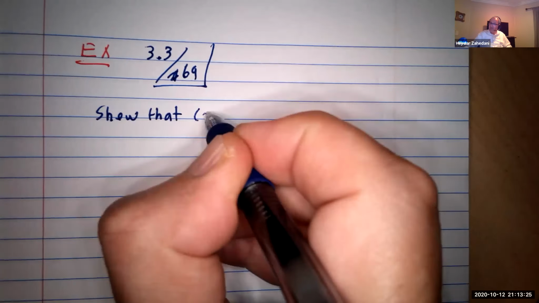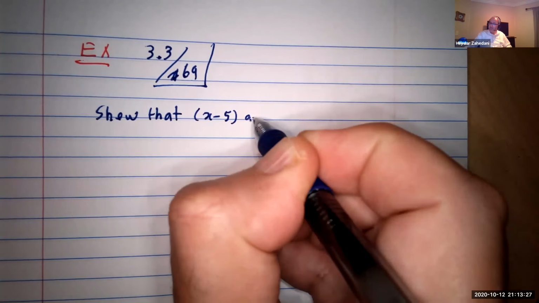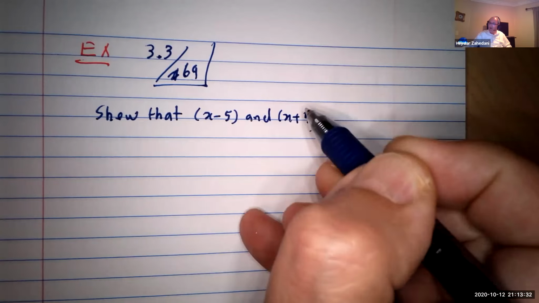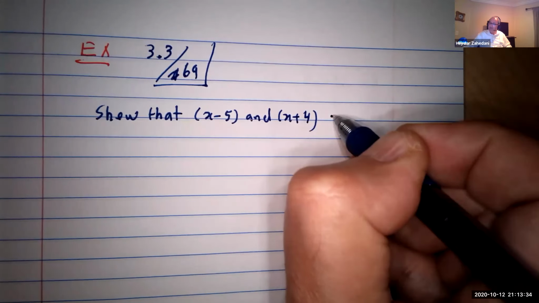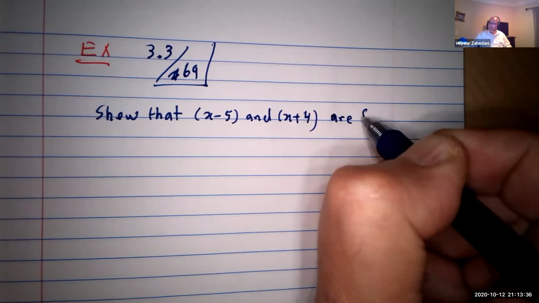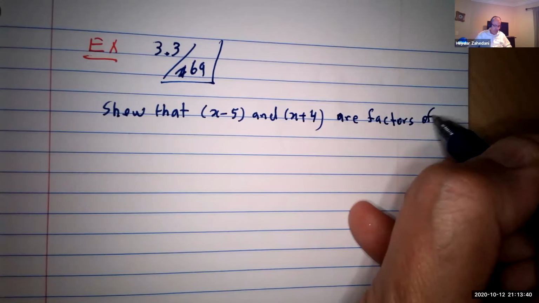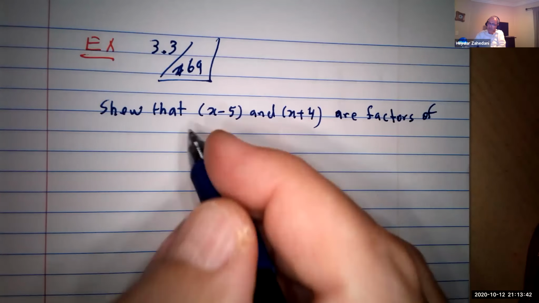Basically, you want to show that x minus 5 and x plus 4 are factors of this one.